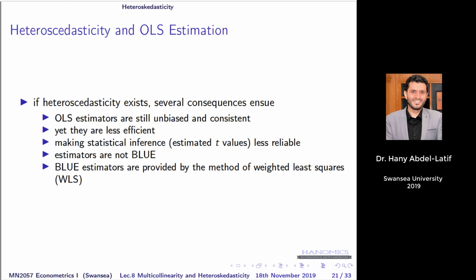It's going to be less efficient, so it's not BLUE. Also, it has some implication for your inference, your t values. You can't rely on them, so they become less reliable. And you could make this BLUE if you estimate it through weighted least squares.